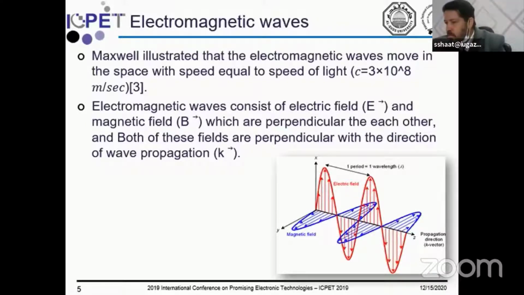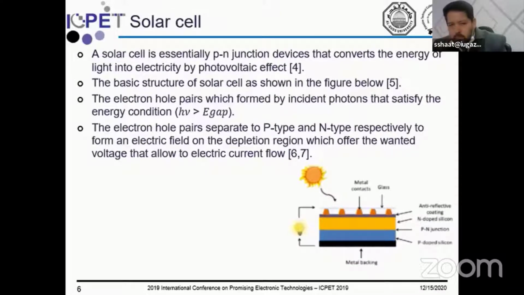So, the interaction between the electromagnetic wave and the anti-reflection coating will happen in two polarizations, transverse electric polarization and transverse magnetic polarization, as we will see in the analysis and simulation.